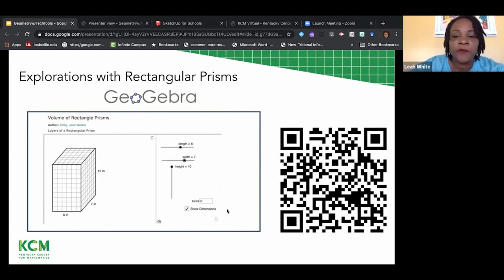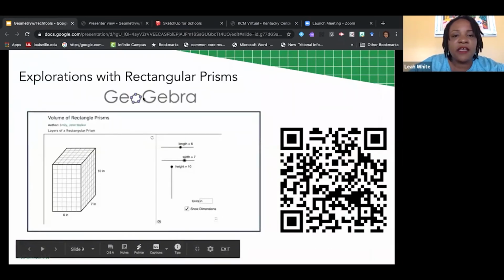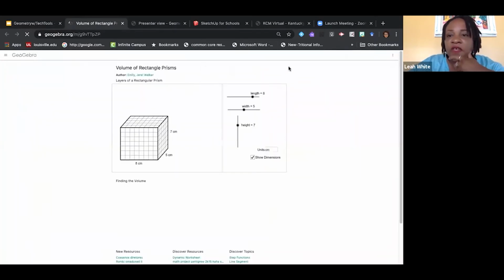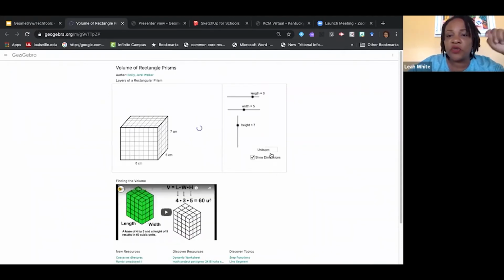And so I'm just going to share, wait, let me go back. And I want to just show you why I think this would be a good experience. One, we can change the dimensions here, and I know my computer's running a little slow. I can change the dimensions to inches to match the problem so that it's in context.